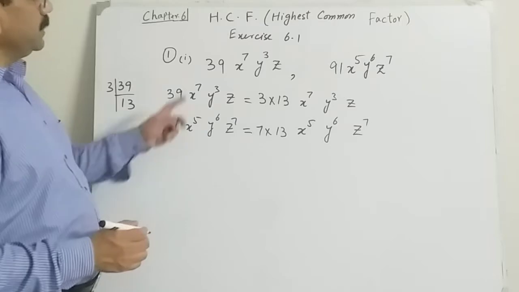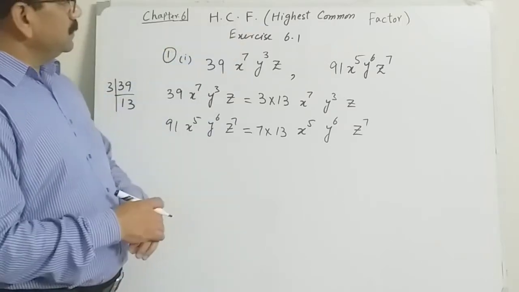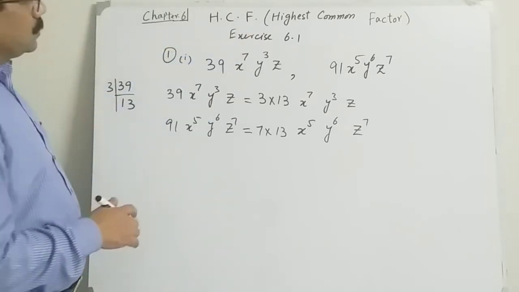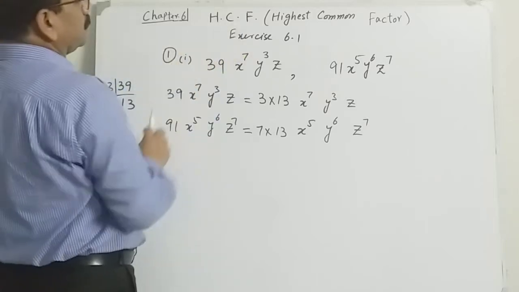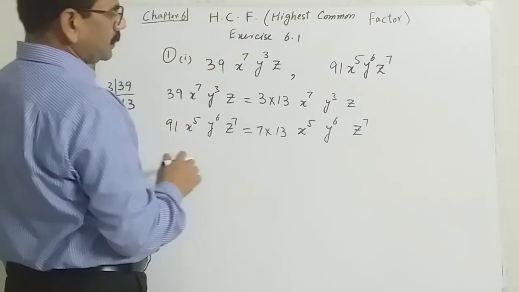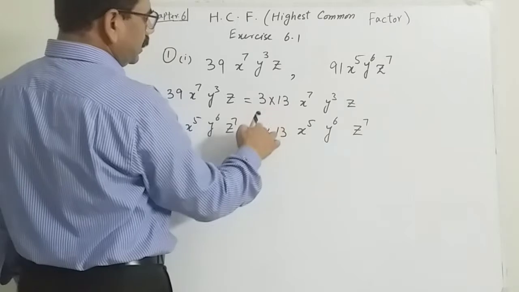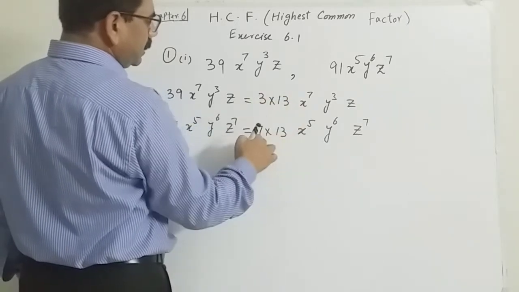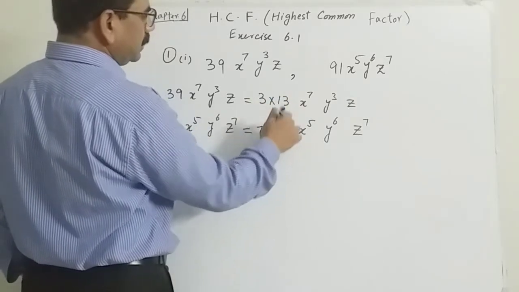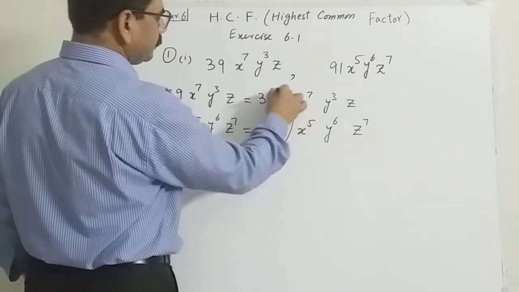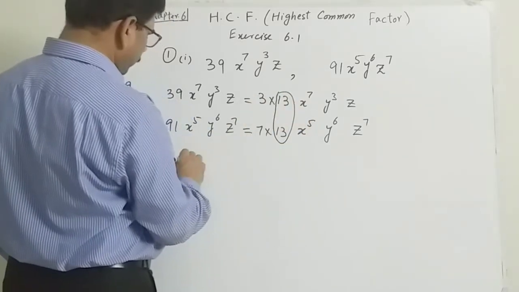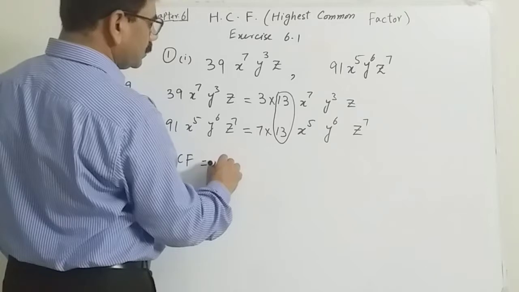Now we have defined HCF as the common factor of highest power. Here 3 multiplied by 13 and 7 multiplied by 13. 13 is the common factor. So HCF will be equal to 13.